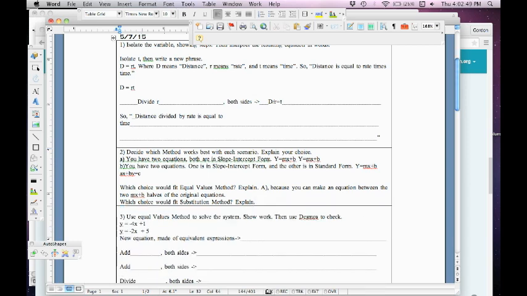Which choice would fit substitution? Substitution works really well for b because in this case, what we have is y equals mx plus b. Since you know what y is, you can jam it into the y part of your standard.